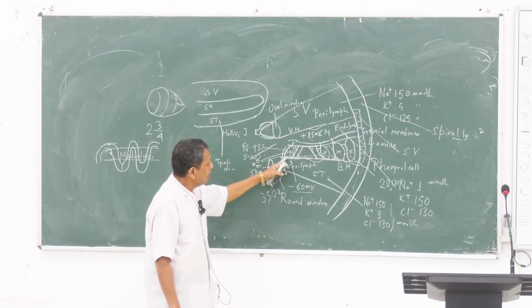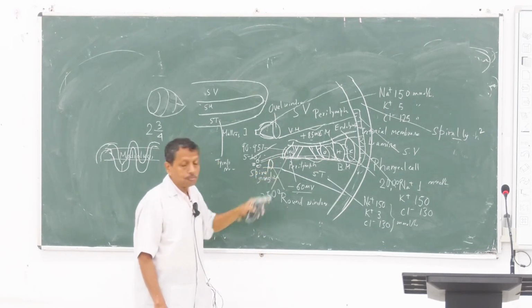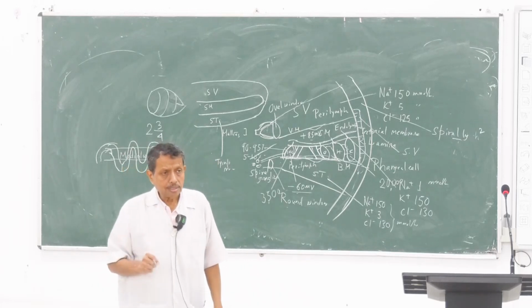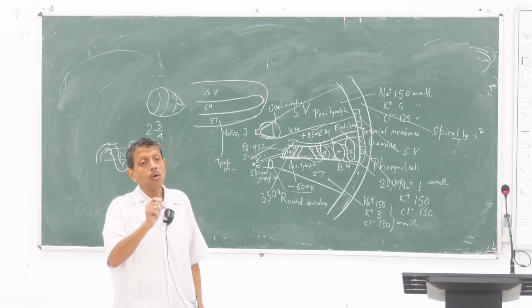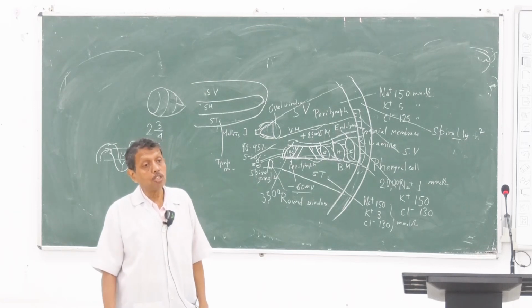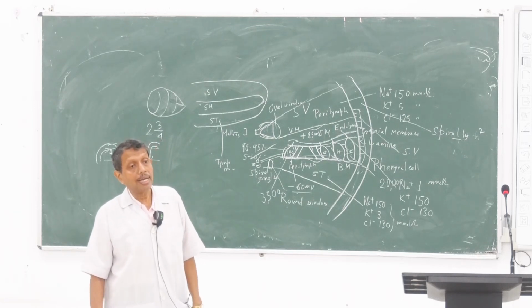It is the inner hair cells through which we are hearing. There is also efferent supply to some extent to the inner hair cells, but the majority of the efferent supply goes to the outer hair cells.